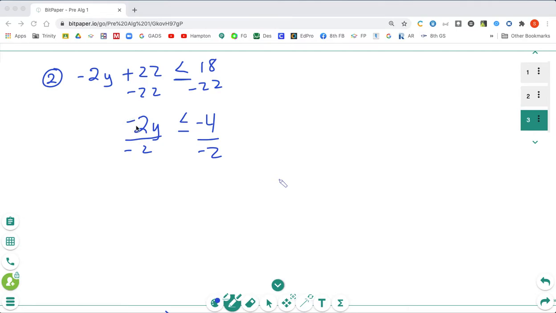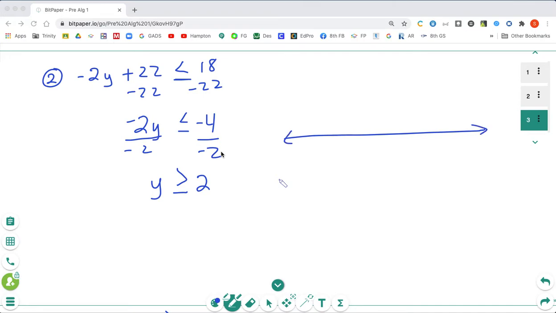So when we have 3 negatives up here, or 3 minus men, think of one man holding the top of this symbol, and then one man holding the middle, and then another one holding the bottom, and they're going to flip it. So we have 3 minus men, so that means the inequality is going to flip. So y is going to be greater than 2.